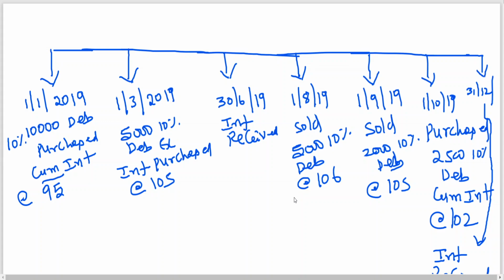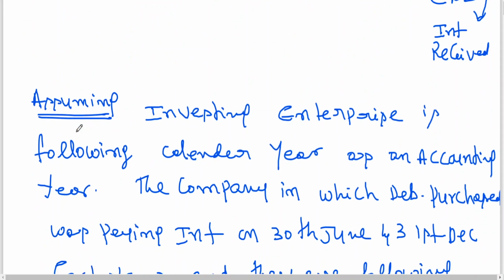let me write: one is cum interest sale, the other one is ex interest sale. Okay, so this is the timeline, chronologically. Now for this problem, whenever you are working it out, you should start with working notes first.